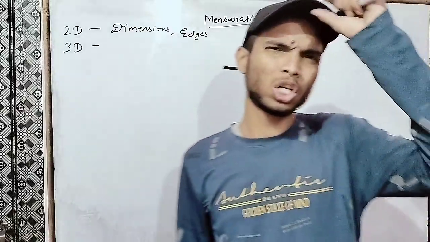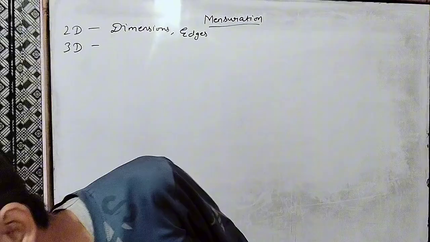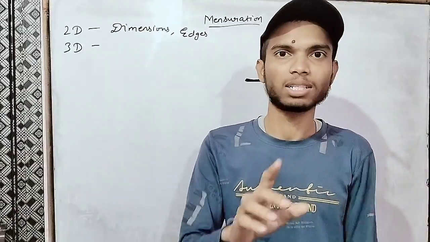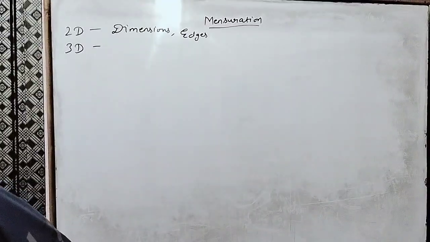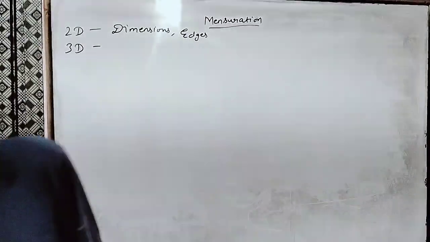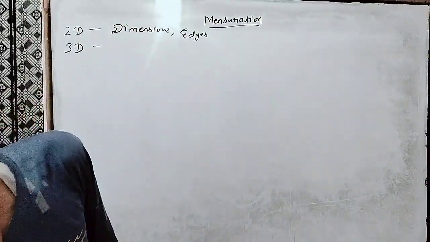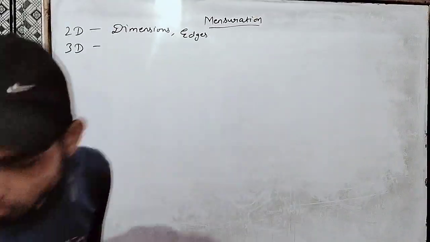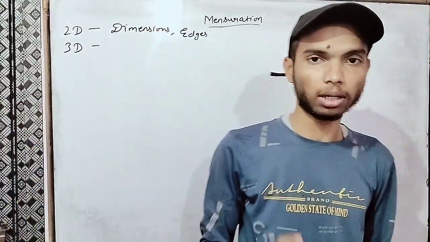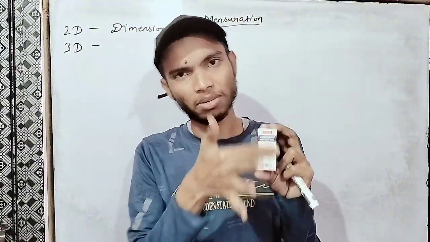Now about edges. What is the meaning of edges? Here, this is a surface.